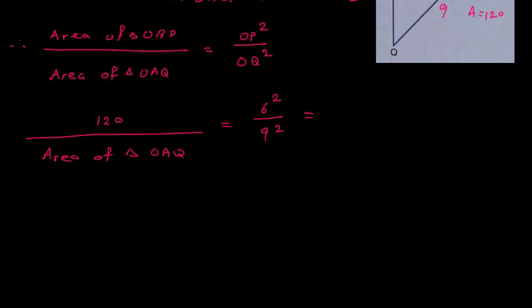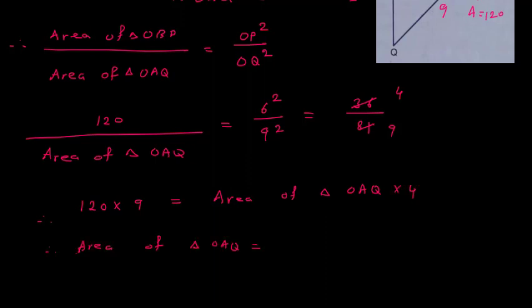So 6 square, it is 36 divided by 9 square is 81. Now I can divide this by 9. 9 4s are 36 and 9 9s are 81. So 4 upon 9. So therefore 120 multiplied by 9 is equals to area of triangle OAQ multiplied by 4.